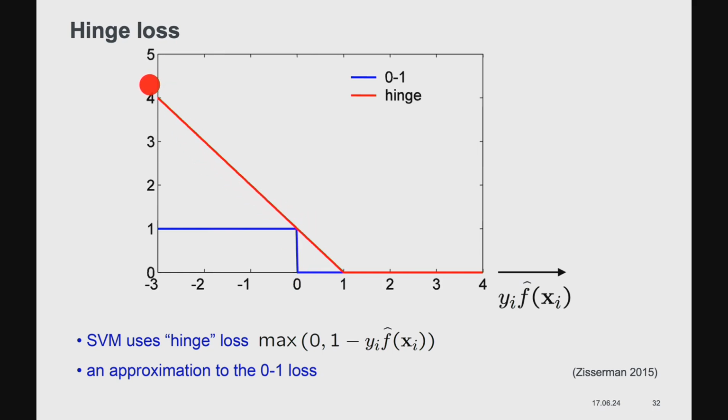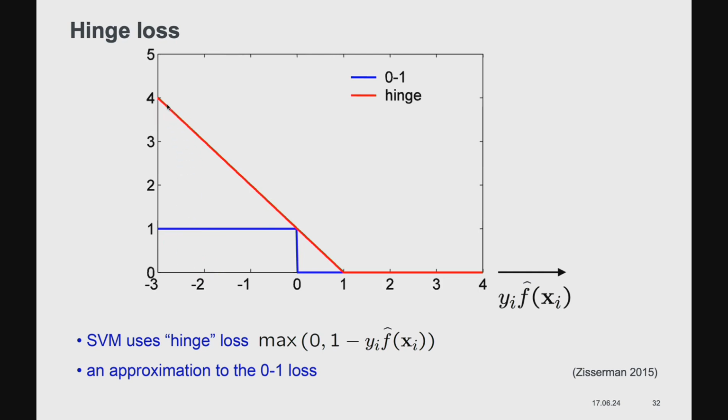And here, clearly, we are on the wrong side of the prediction. And the 0,1 loss is indicated in blue here. So the blue line is 0 when we don't make a mistake, but we don't have a good classifier yet. Of course here we make a mistake, but the further a point is on the wrong side of the line, the larger the loss.